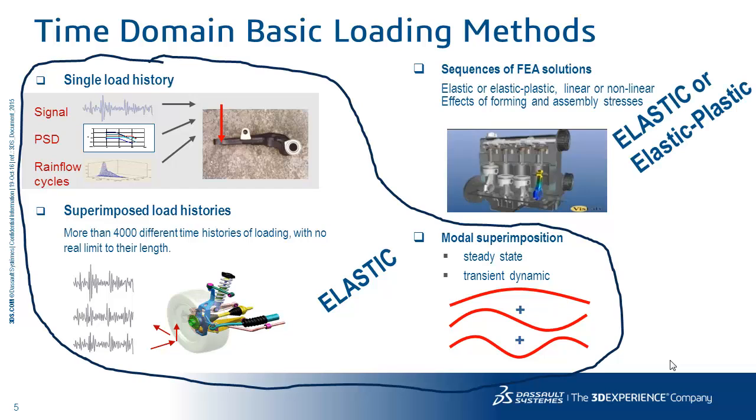So for elastic or elastic plastic, you can use a sequence of FEA solutions. And really, this is the way that if you have gross plasticity in your model, then you want to use this methodology and not have FE-Safe do a plasticity correction, because the FE-Safe plasticity correction is for local plasticity and notches, not for gross plasticity.